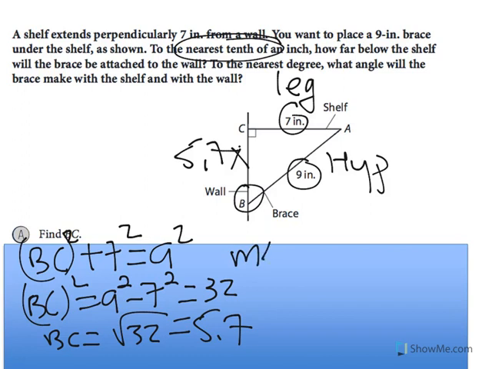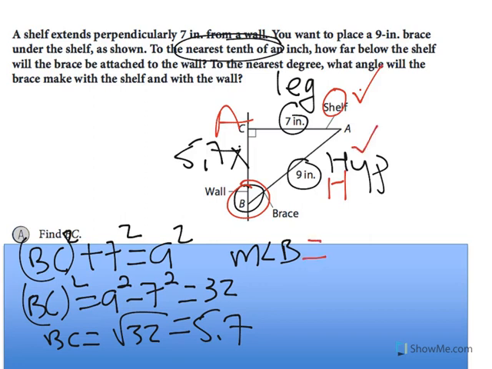Okay, so then to find the measure of angle B, if we were observing from this angle, we have opposite, adjacent, and hypotenuse. So we have all three measurements, and we can use any ratio we want. Let's say we want to use sine. Then we will work with opposite and hypotenuse.